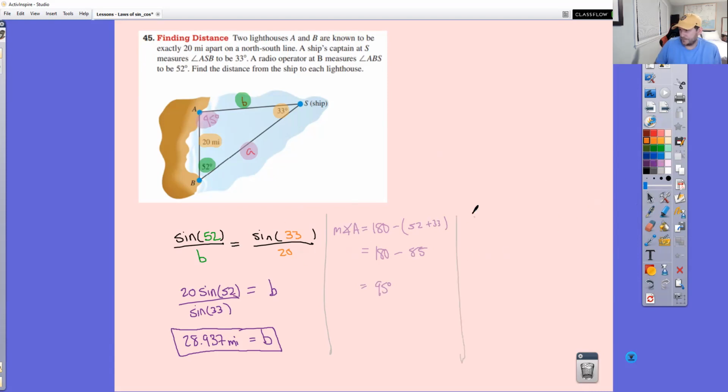So we'll take the same orange ratio from before, sine of 33 over 20, and we'll set it equal to our new lavender ratio, which will be the sine of 95 over A. Cross multiply, A is going to equal 20 sine 95 divided by sine 33.